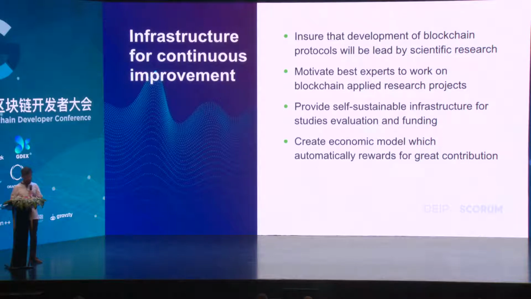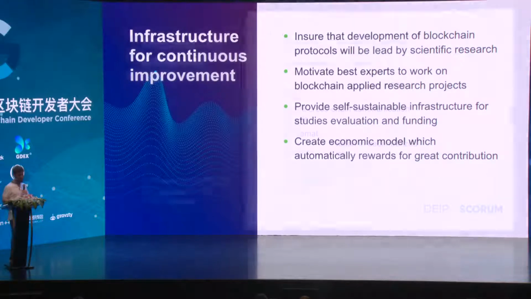It should provide a decentralized assessment of the work which was performed and provide funding for this research. And the best way to provide funding in a decentralized system is to automatically distribute the reward depending on the quality of work performed. So it's the most scalable system you can ever imagine. Nobody needs to control it.